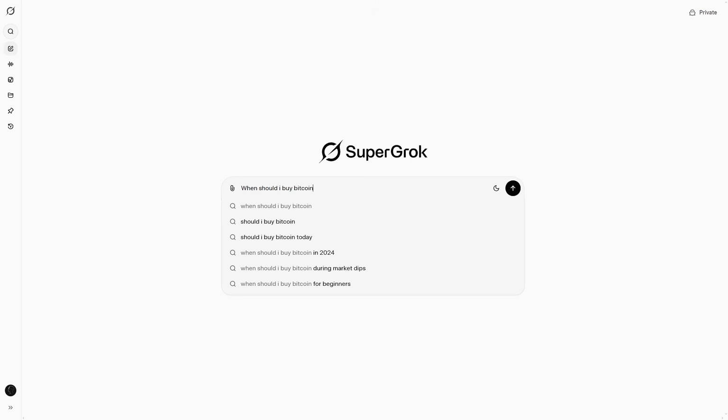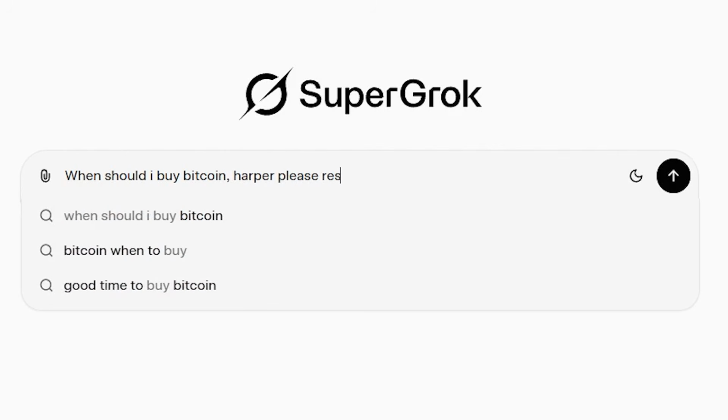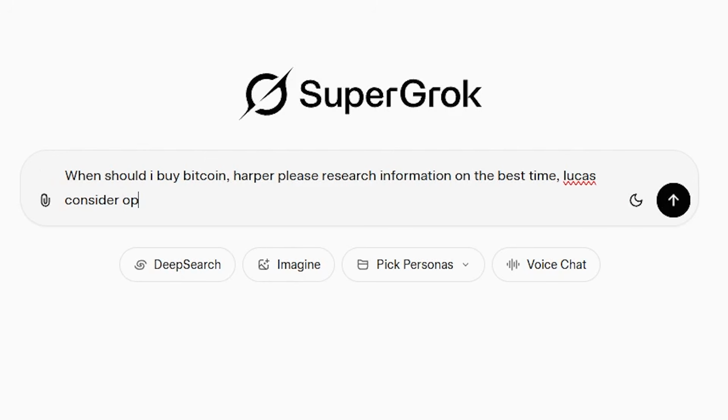We don't want to put our prompt in as just, when should I buy Bitcoin? We actually want to structure the agents on what we want them to do. So what we can say is, Harper, please research information on the best time. Then you could say, Lucas, consider opposing views via research too. And then you could say, Benjamin, fact check their results.